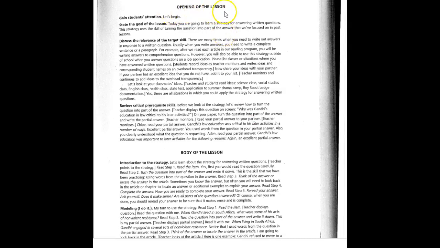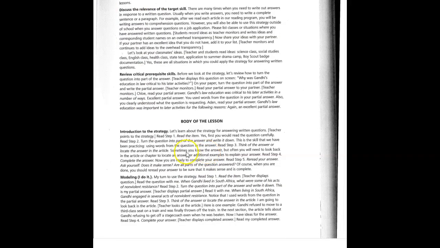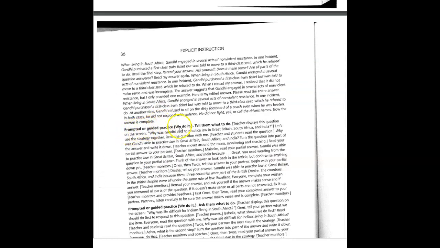So here's the opening of the lesson. Okay, it starts with gaining students' attention, does all these things. Here's the body of the lesson, where we're really getting into the modeling, right? So first the teacher introduces the strategy, then my turn, I'm going to do it. Watch me. Okay, here's the model. Then we get into the prompted or guided practice. We do it, right? The teacher's going to tell the students what to do.